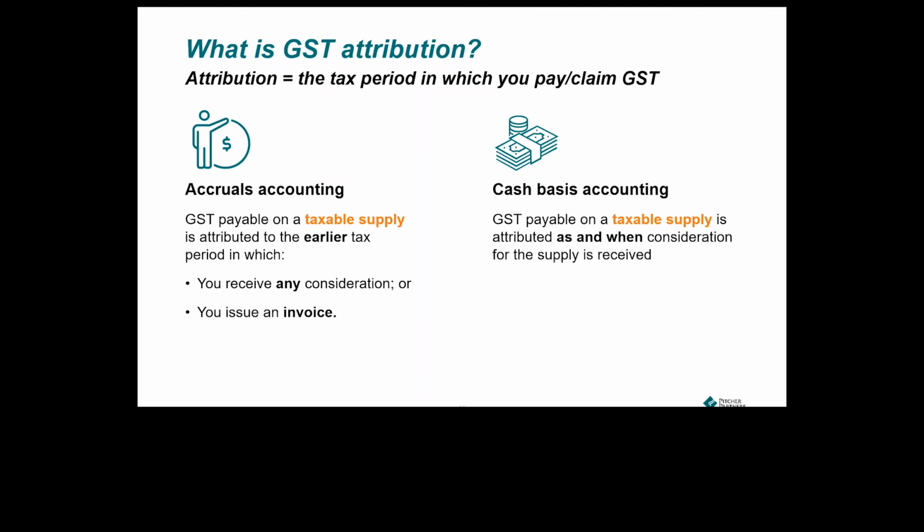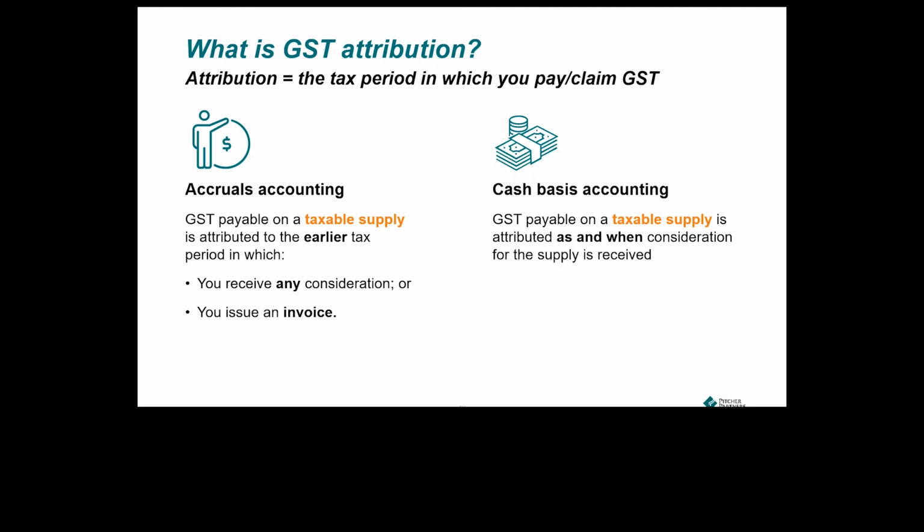So the method that you use for determining the period in which you pay GST on supplies and claim GST on acquisitions. There are two possible methods under GST attribution, and they are the cash basis accounting method and the non-cash basis or accruals accounting method.